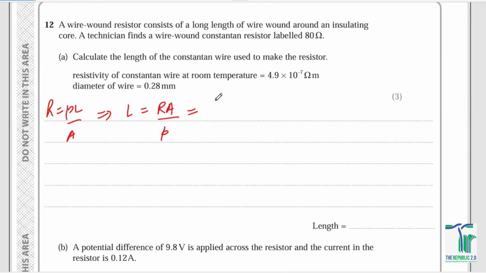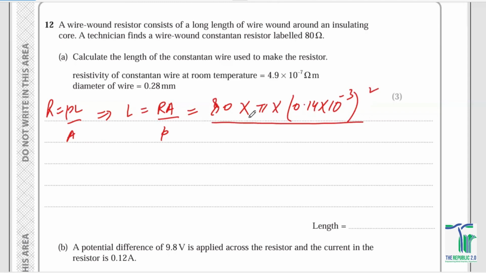You have got the resistance. The resistance is 80. You've got the diameter, just convert it into the radius and calculate the area. It's going to be pi times (0.14 times 10 raised to the power of minus 3) squared. So this is 80 times pi r squared divided by the resistivity. And the resistivity is going to be 4.9 times 10 raised to the power of minus 7.